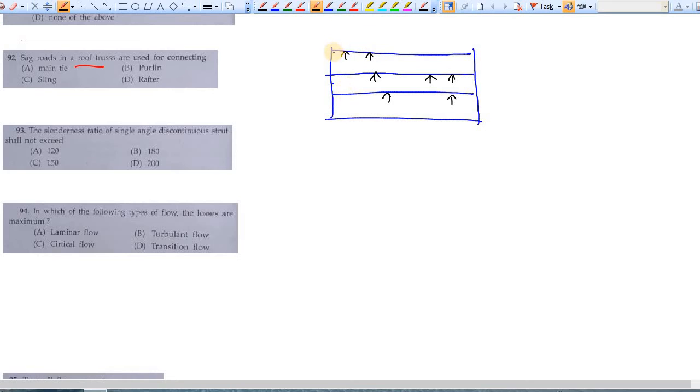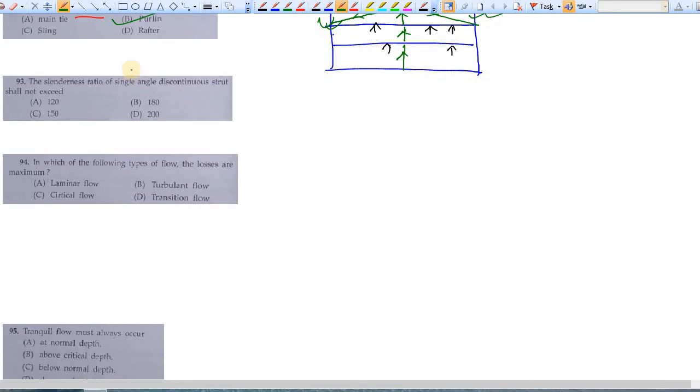So this may buckle like this. To prevent this buckling, we simply provide a sag rod like this, and we connect them with the truss. So the lateral load travels through this tie or sag rod, and then through this bracing they transfer to the main truss. So they are used for connecting your purlins.